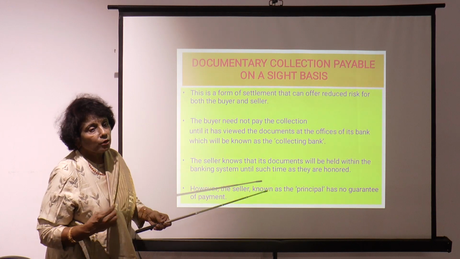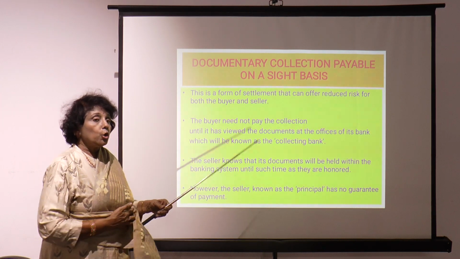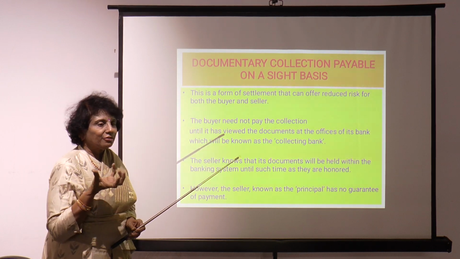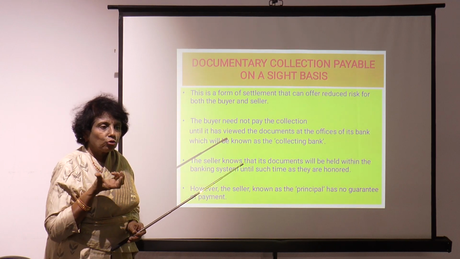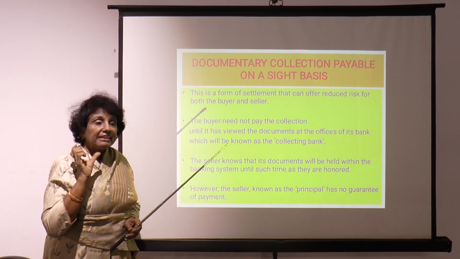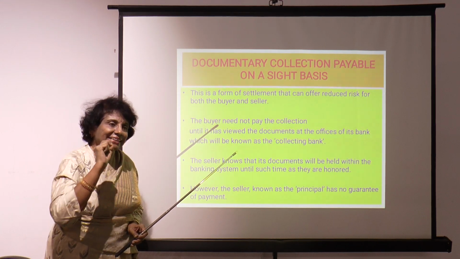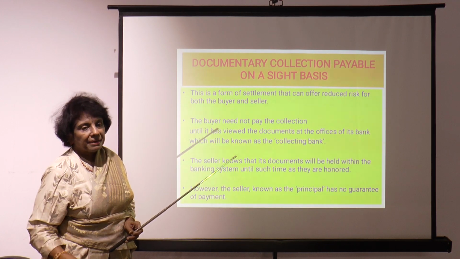They may present the documents through another bank known as a presenting bank, and the bank where the documents finally reach is the collecting bank. So the documents come either directly to the collecting bank or through an intermediary bank, the presenting bank.